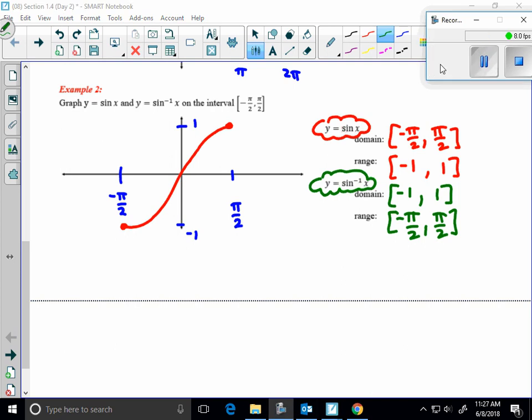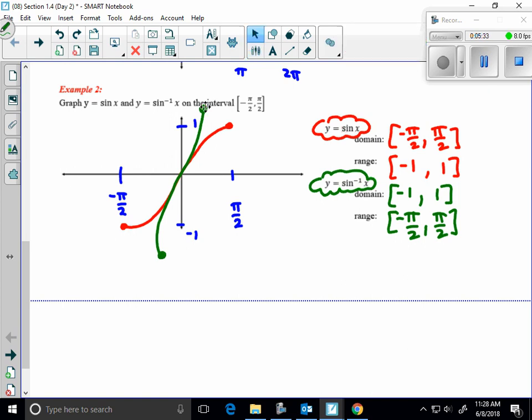So let's give this a nice sketch. Okay, so this graph isn't perfectly square. Negative pi over 2 is like negative 1.6. You might not be satisfied with this, but basically what's going to happen is we're going to get a function that looks something like that, and it's not a great sketch.